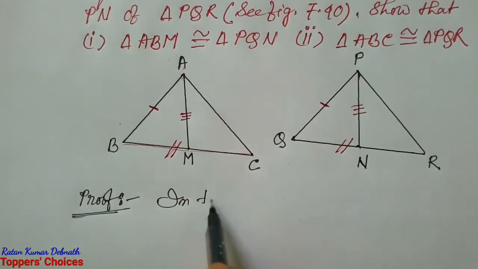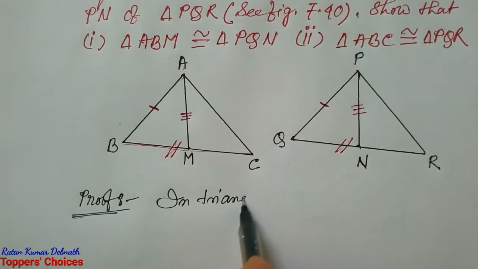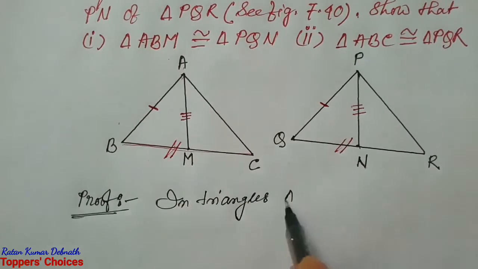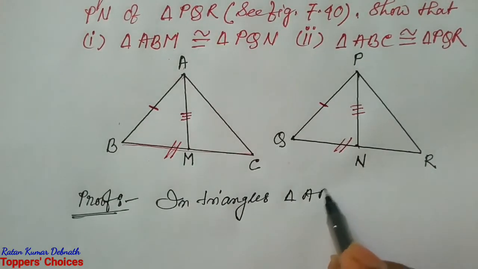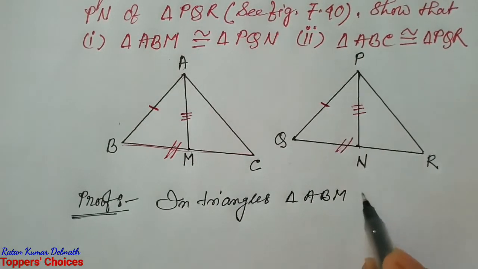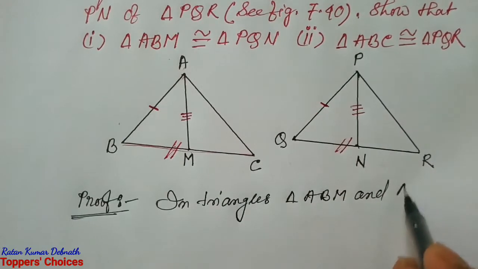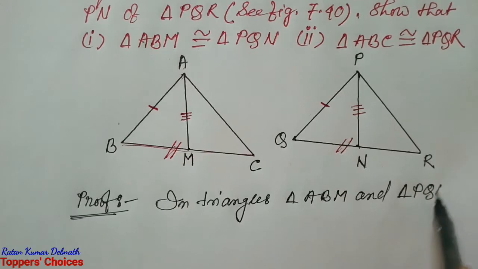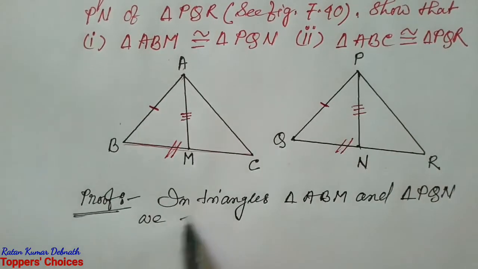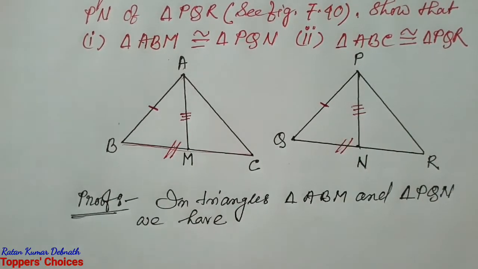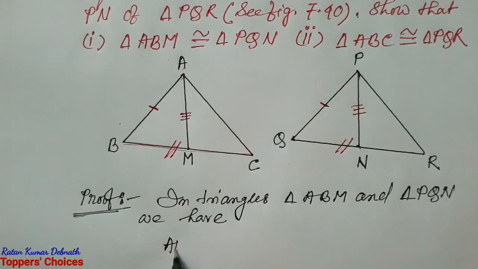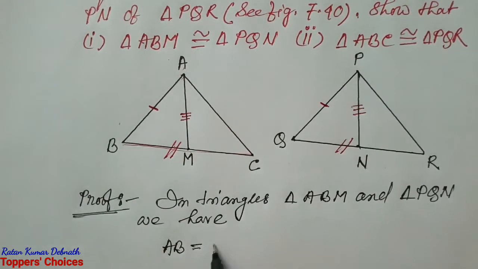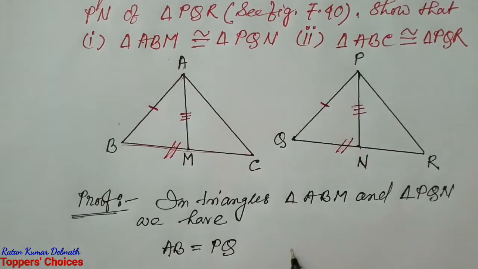In triangles ABM and PQN, we have AB equals PQ, which is given in the question, so we write given.